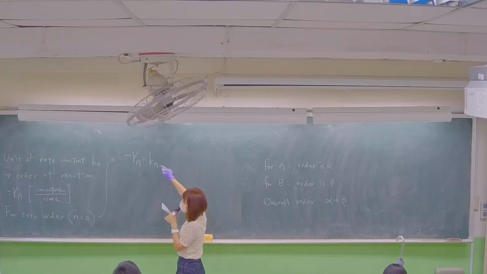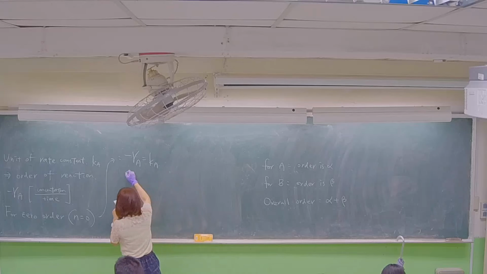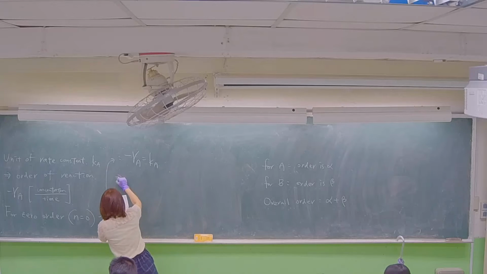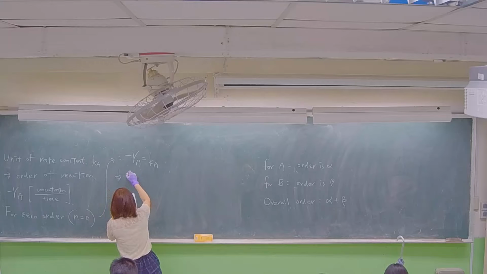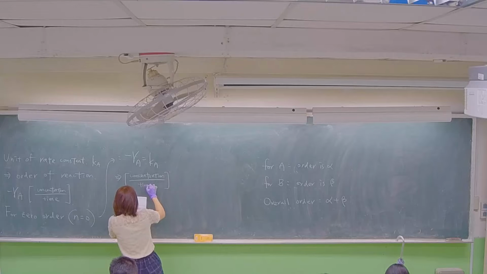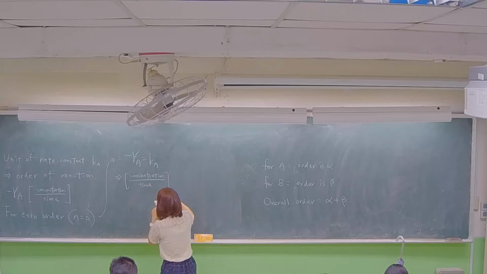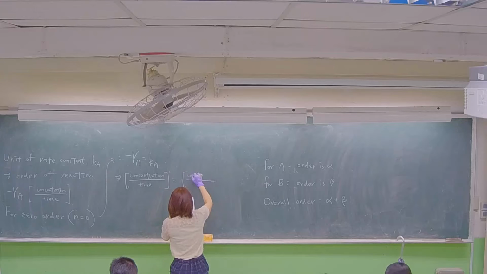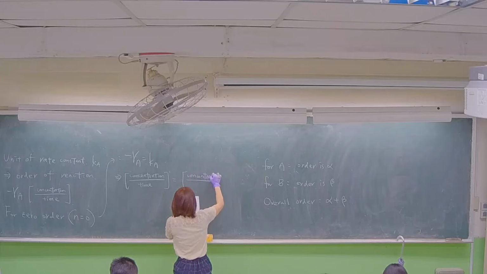So what's the unit for Ka? The unit for Ka is the same as the unit for minus Ra, right? So if you show the unit for minus Ra, then you know the unit for Ka.